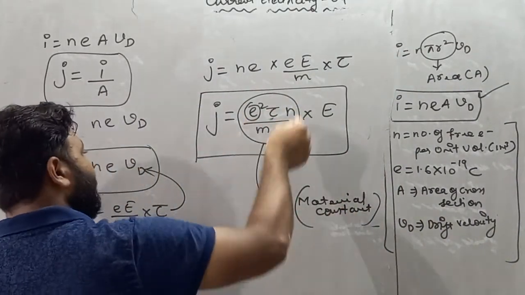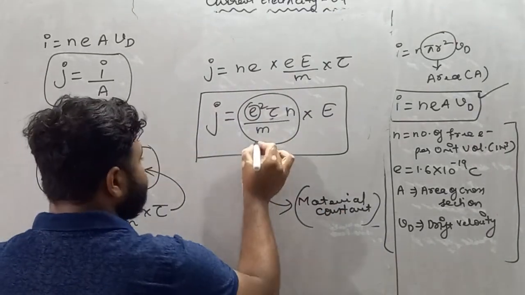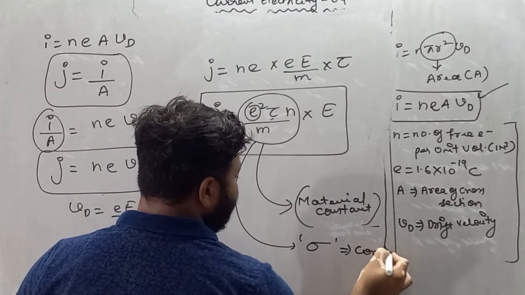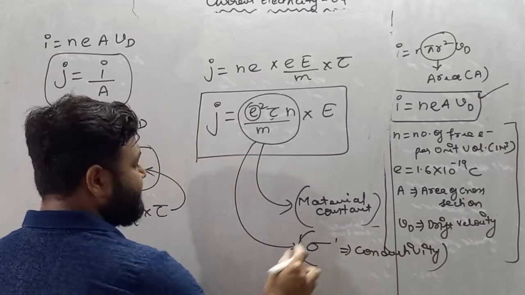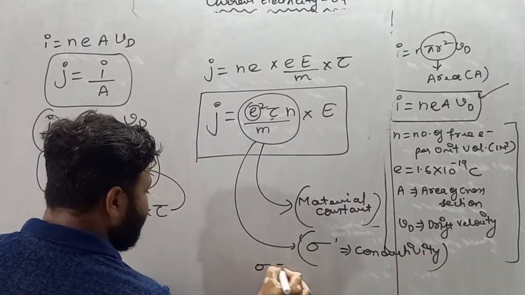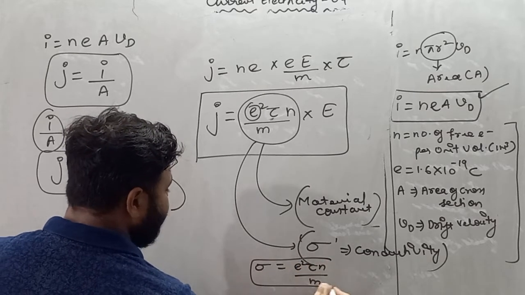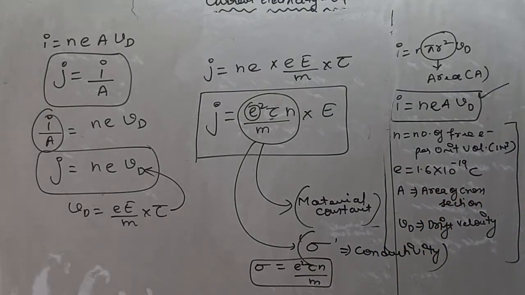Now see, this whole term can be replaced by a single term called sigma, and this sigma is nothing but conductivity. This whole constant is replaced by sigma, as sigma is e squared tau n by m, my dear student, remember. So we can replace all these terms with a single term called sigma.